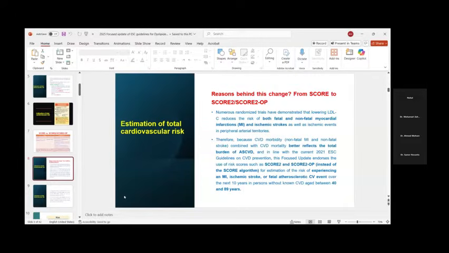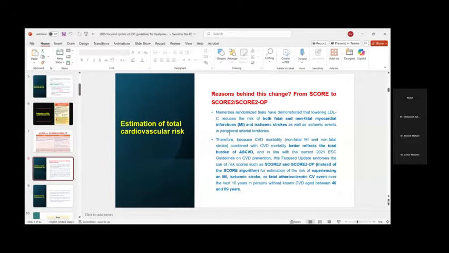What are the reasons behind this change from SCORE to SCORE2 or SCORE2-OP? Actually, many randomized trials have demonstrated that lowering the LDL cholesterol level reduces the risk of both fatal and non-fatal myocardial infarction and ischemic strokes, as well as ischemic events in peripheral arterial disease.